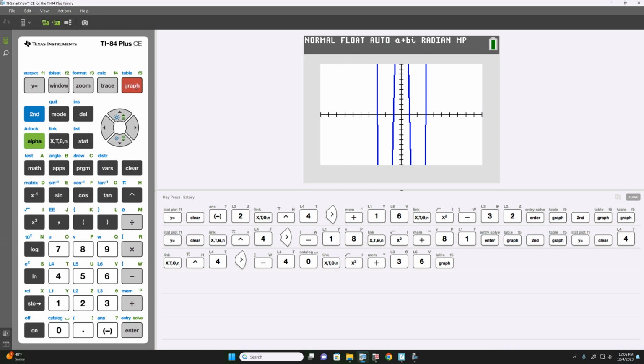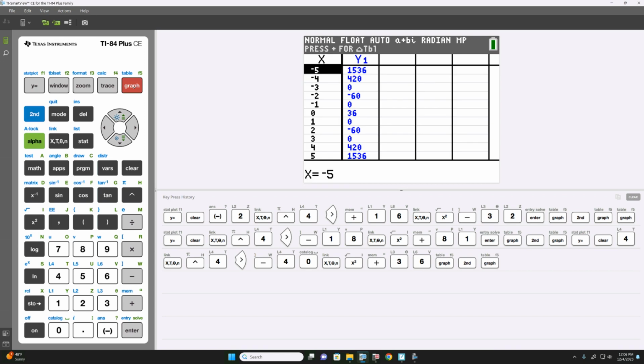Well, this one here, we have 1, 2, 3, 4 places it crosses the x-axis. And if we hit second graph, our 4 solutions are negative 3, negative 1, 1, and 3.